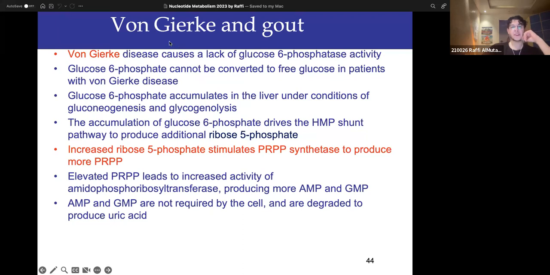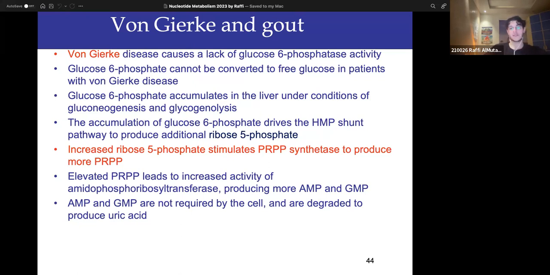So did you guys study von Gierke before? Von Gierke is a condition where we have accumulation of glucose 6-phosphate. This glucose 6-phosphate is going to go into the HMP shunt.